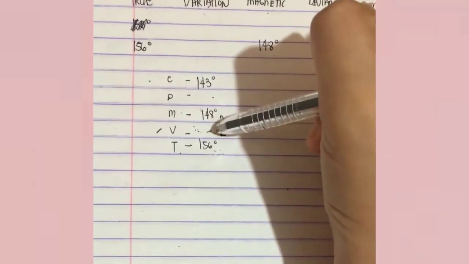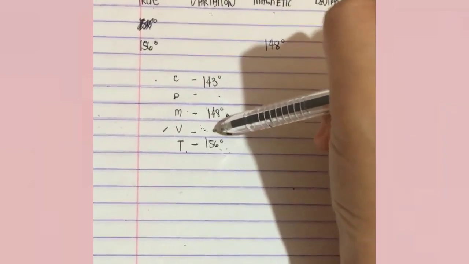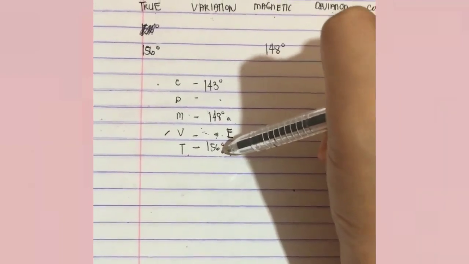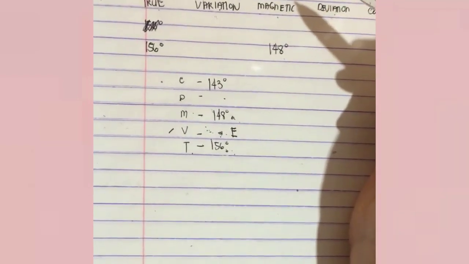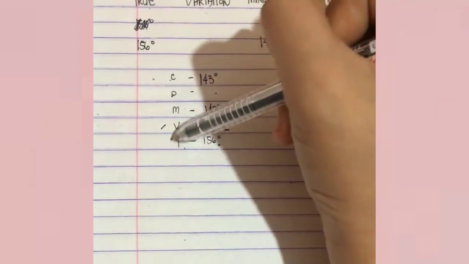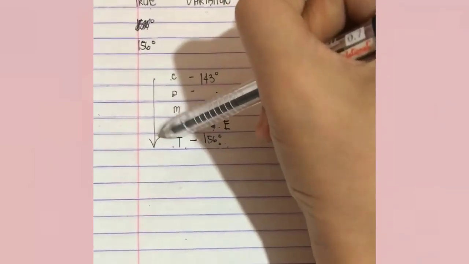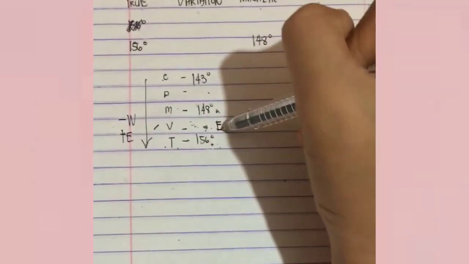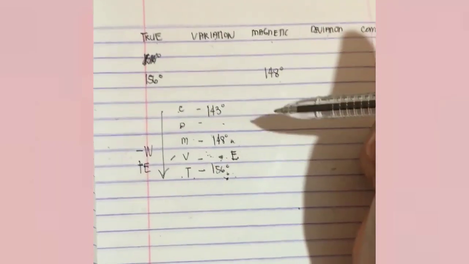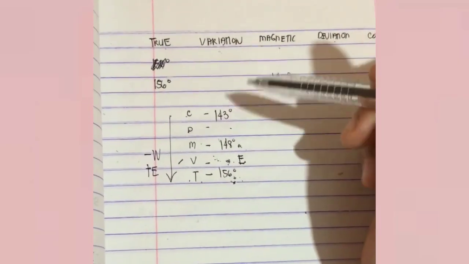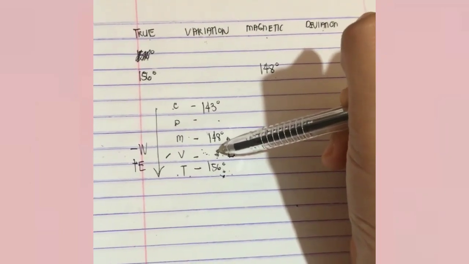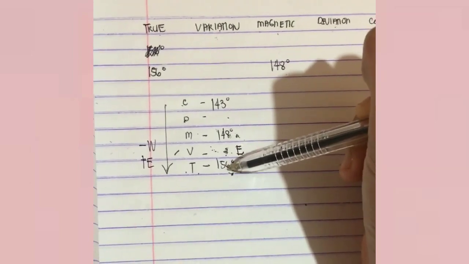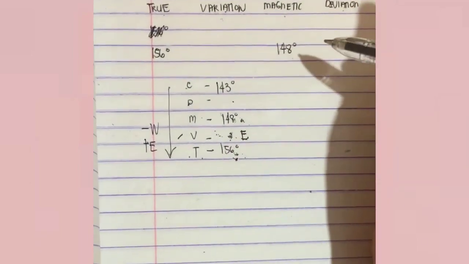So what should we put as the value of variation in order for us to get the true north 156 degrees? According to rule number 1, compass north to true north, we should subtract west and we should add east. Since this is east, we should find a value that we should add to 148 degrees in order for us to get 156 degrees true north.